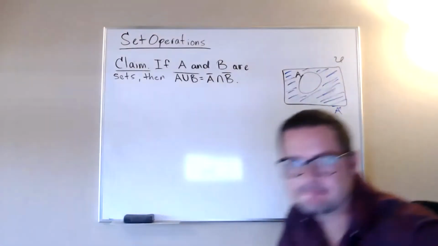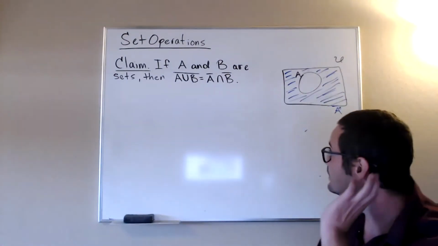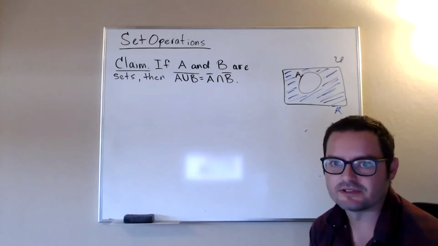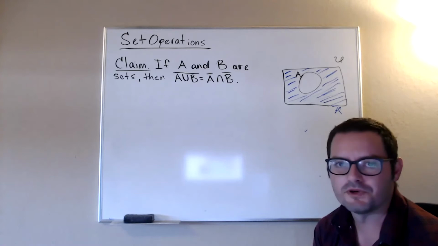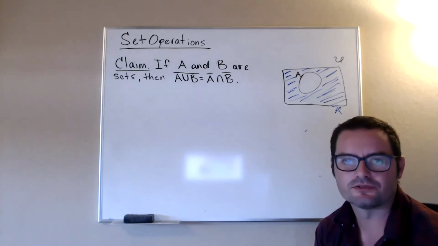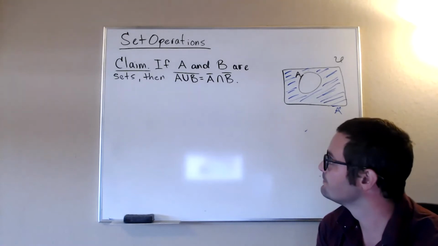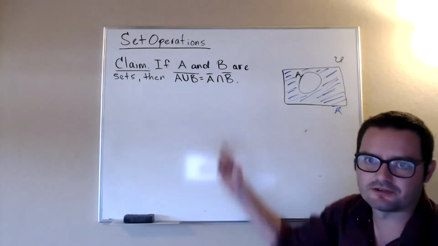Okay? So we can establish this using just the definitions that I just wrote down, along with the knowledge we have of logical identities. Does anyone see what this kind of looks like?